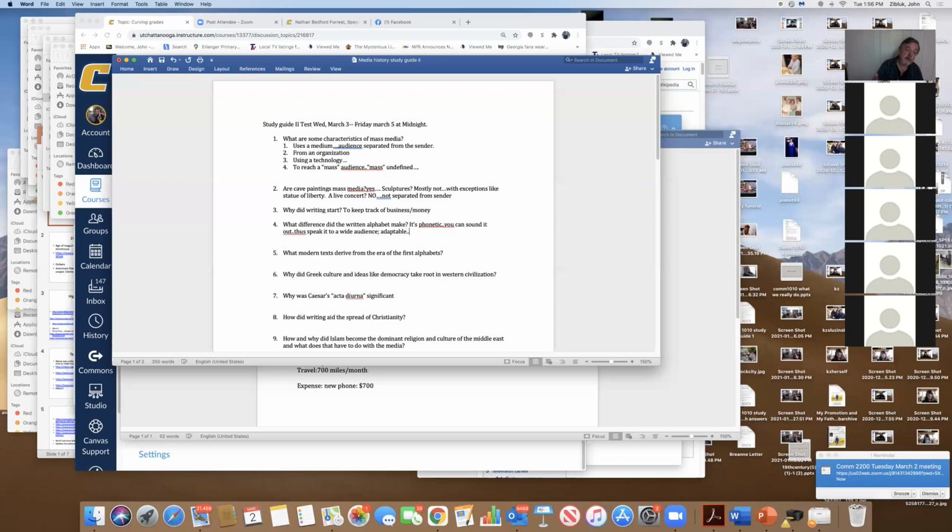We use the same alphabet in English, French, Spanish, and German. So again, it's very adaptable to different languages. It's spoken, easy to spread, project, print, etc. So you can really spread things out through an alphabet.